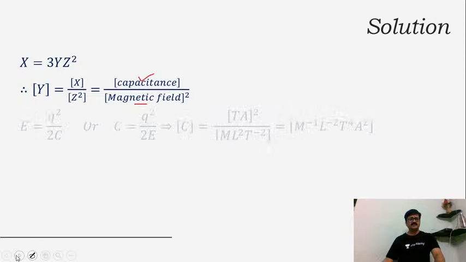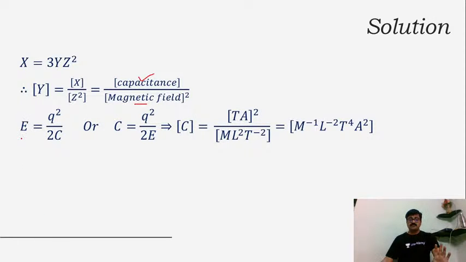Then accordingly, capacitance dimension I can find by using E is equal to Q square by 2C, or C is equal to Q square divided by 2E. Therefore C will be equal to: dimension of Q is time into electric current, T into A, whole square, and energy has dimension of m l square T raised to minus 2.